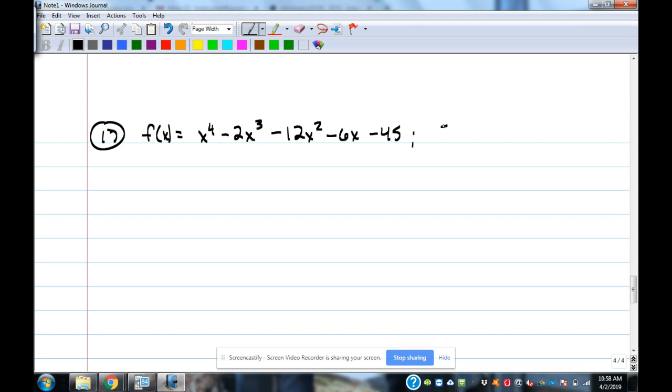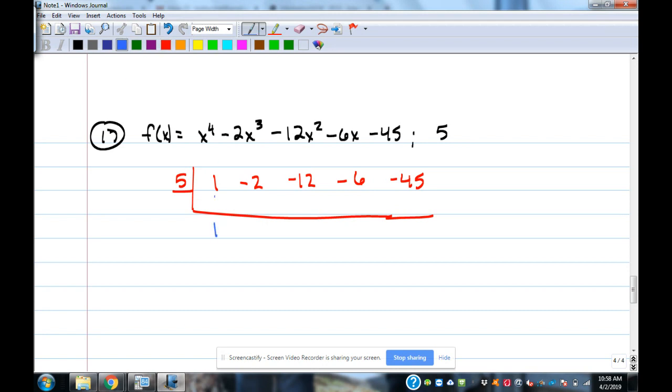And then they tell us that the 0 is 5 on this one as well. Is there a GCF on this one? No. So that means we go straight to our synthetic. 5 goes on the shelf. 1, negative 2, negative 12, negative 6, negative 45.